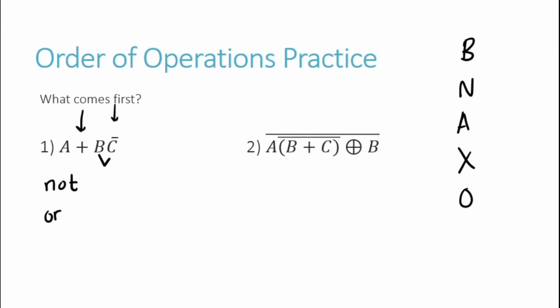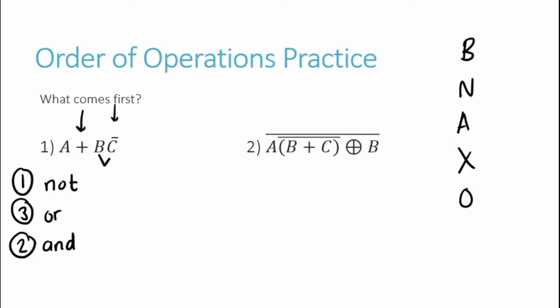And here these are multiplied, right? So I also have an AND gate. And then looking over to BANAXO, most important, second most important, third most important. All right. So when you draw this, or when you do a truth table for this, it'll look a certain way because of the order of operations.